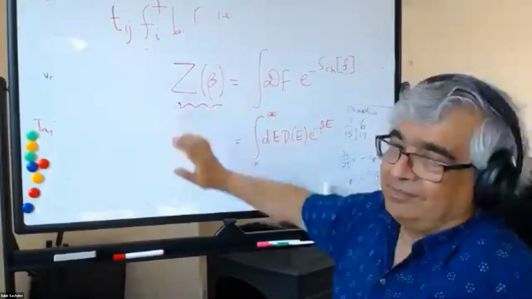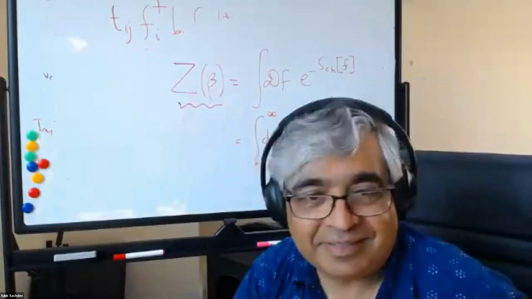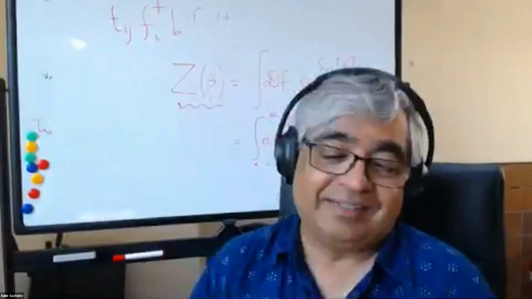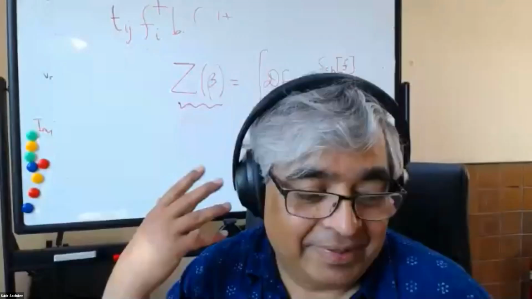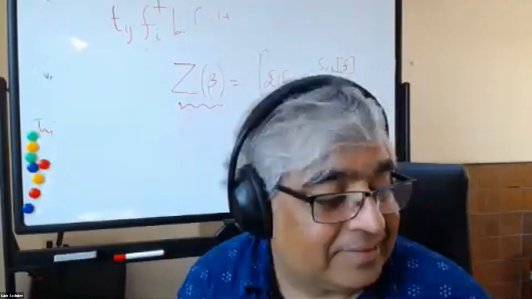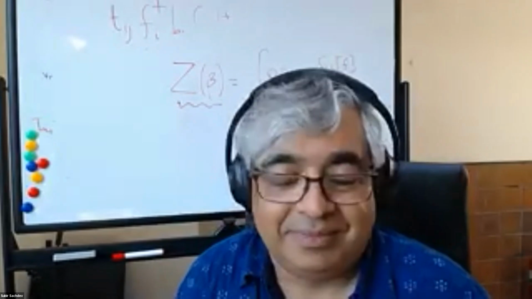So it's very important that you get the full Z of beta to figure out D of E. It's the usual problem of analytic continuation from imaginary time to real time. It's not easy to do in principle, but this is one of the cases where you can do it. This wasn't done by me. It was done by Stanford and Witten, Altland, Maldacena, Stanford, a lot of people.